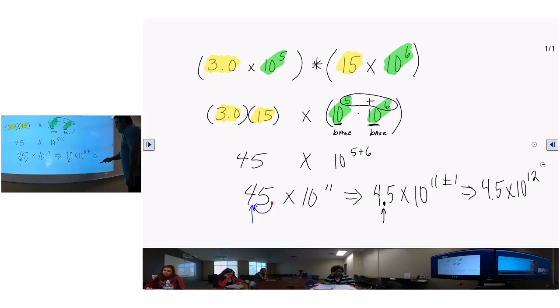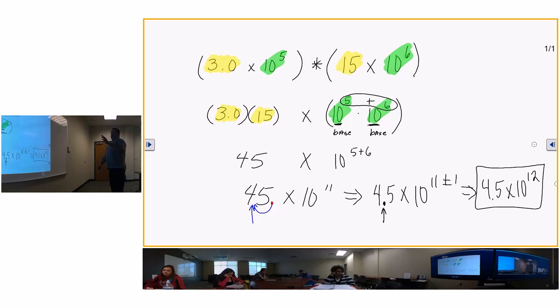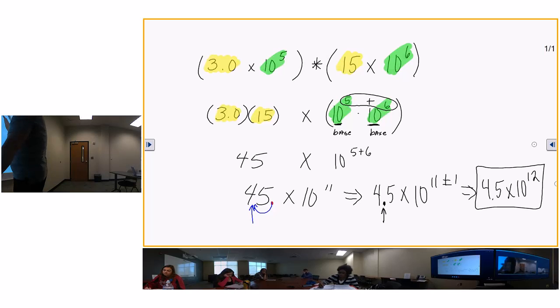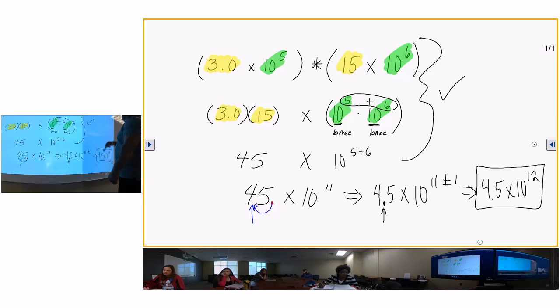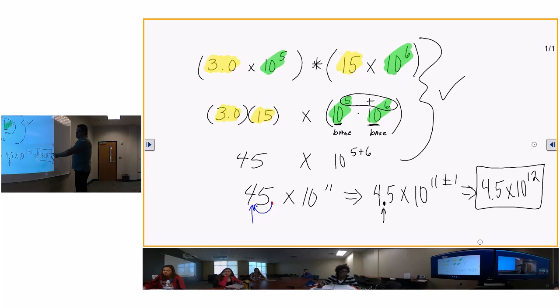Now let me talk to you for a minute. 90% of the students that do this problem will do all of this correct. What will they get wrong? The last step, moving the decimal, and they'll get a 10 right here. That is the number one mistake that students make.